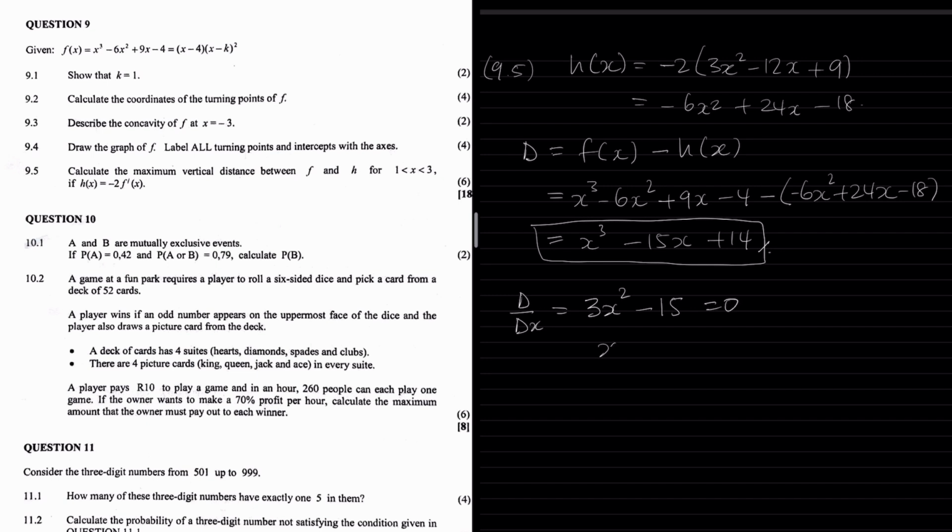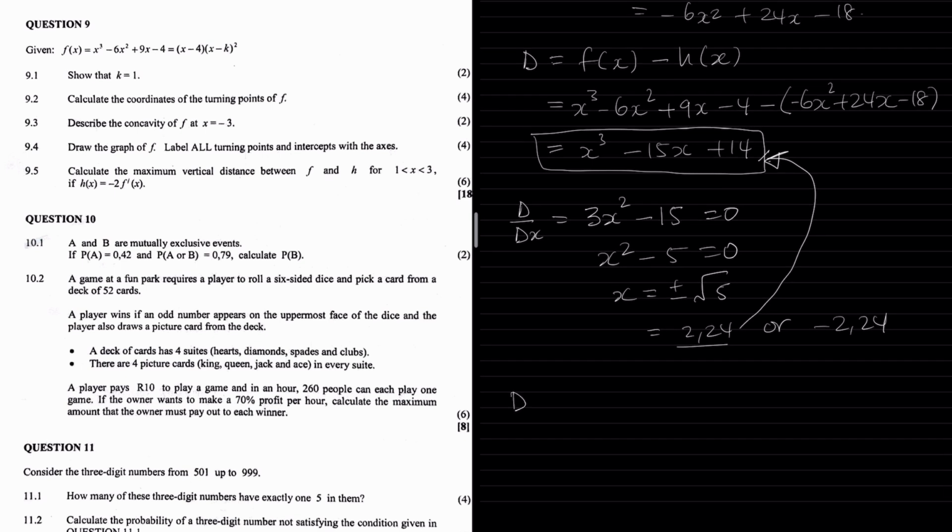So now we can simplify. That's going to be x squared minus 5 is equal to 0. That means x is going to equal plus or minus the square root of 5. So that's going to be 2,24 or minus 2,24. But since we were restricted, the restriction was x needs to be between 1 and 3, we're only going to consider this value. And now to calculate distance, you take this value and substitute it into our distance formula.